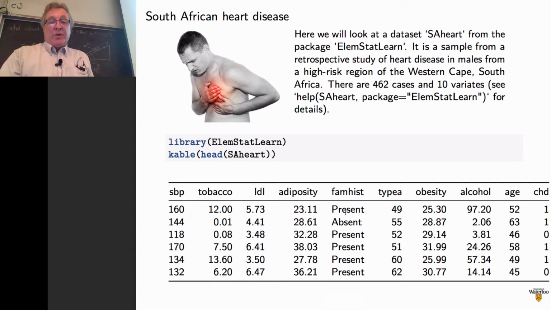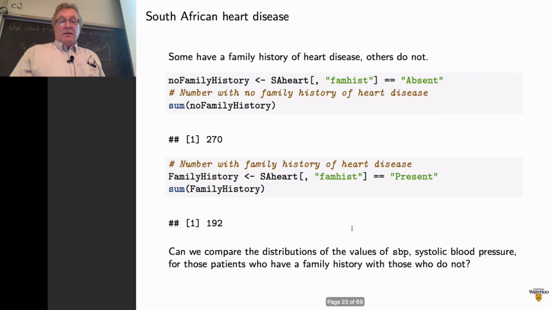And then I'm going to be interested in whether you have a family history of heart disease. So we know whether the people have a family history or they do not. So that's a binary variant, and the blood pressure is a continuous variant. So there's only going to be two groups, those that have a family history and those that do not. I'm just going to extract each of these two groups.